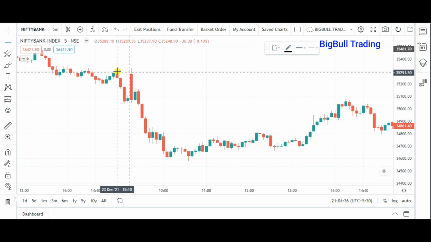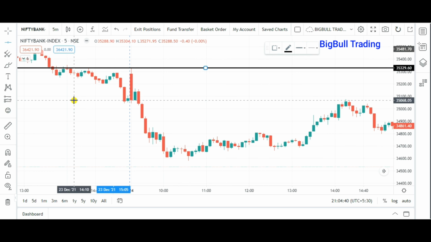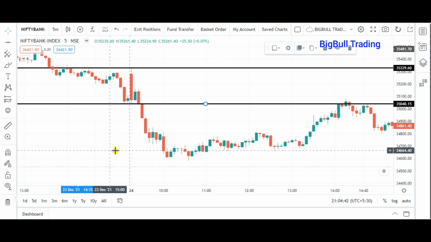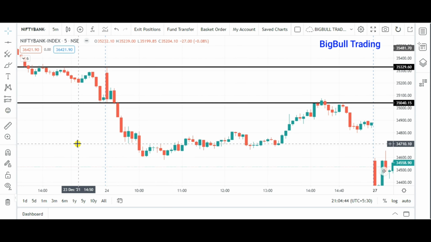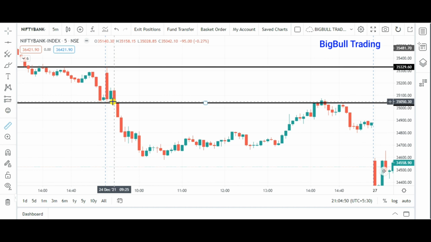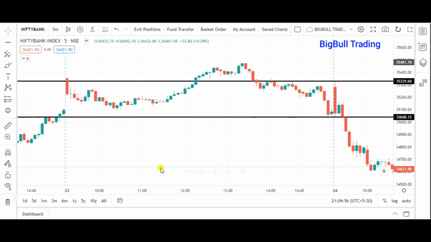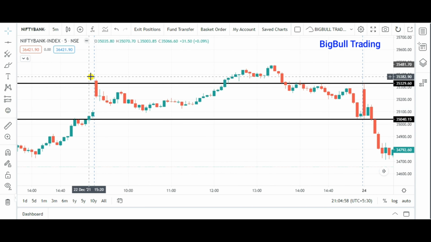You should know whenever your stop loss comes, you should give that stop loss to the market. If you are not giving that stop loss to the market, then the market will take your 4 or 5 days of profit. See, on the 24th, if you have taken the entry, your entry point would be here. Straightforward, you get a 449 points rally. It's a huge rally.